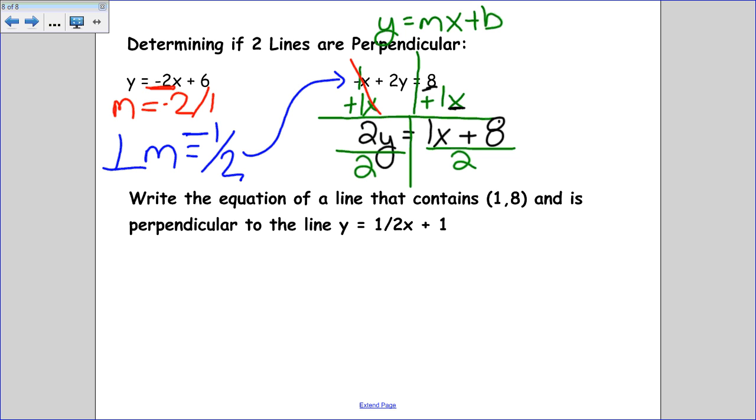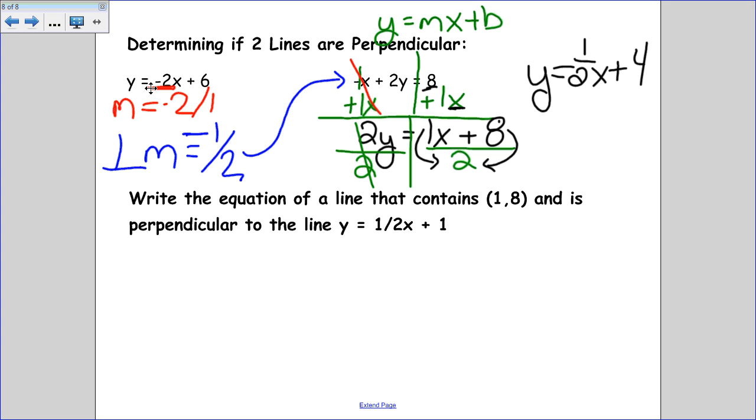What are we left with? Well, 2 and 2 cancel, and we're left with y equals, what is 1/2? 1 divided by 2, right? x plus 8 divided by 2. 8 over 2 is 4.